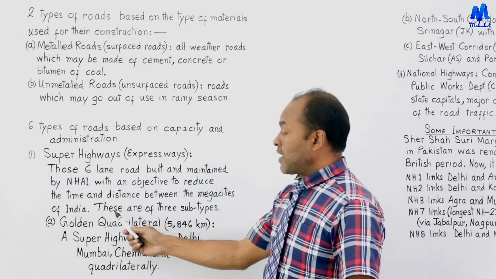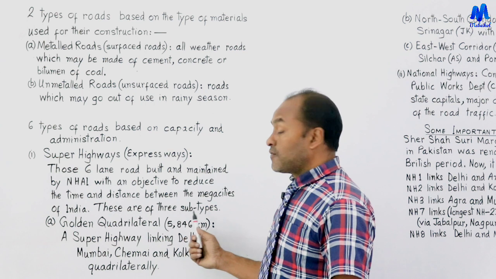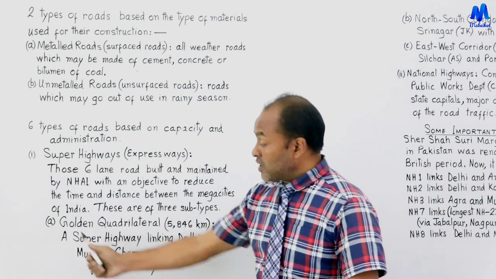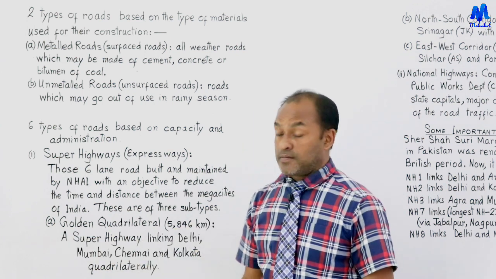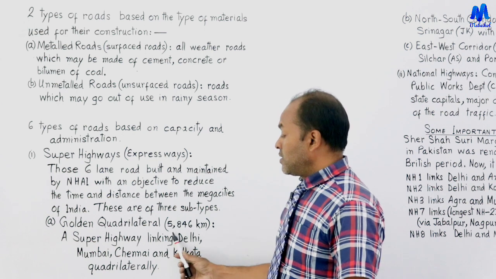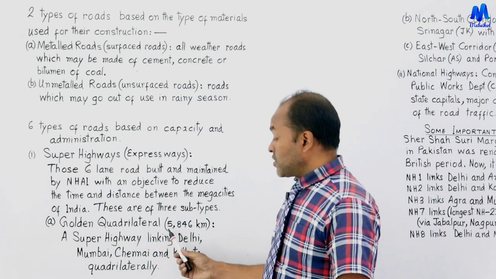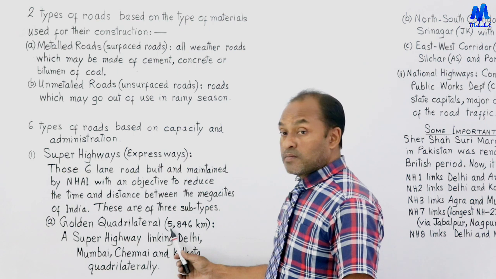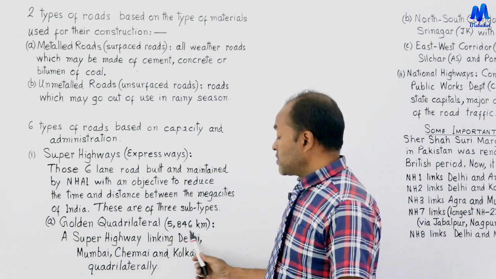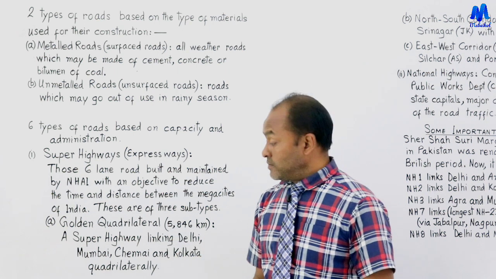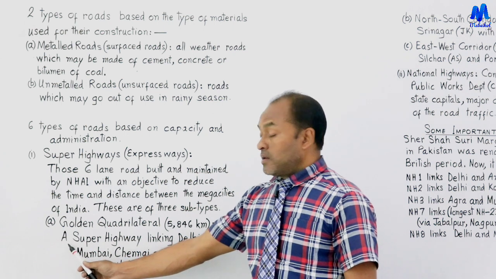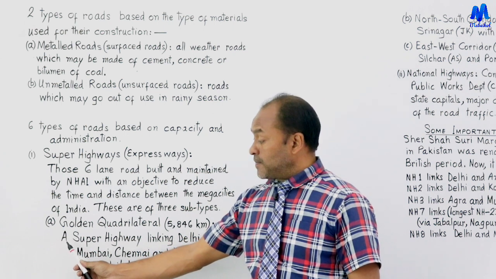Okay, again, these type of roads have 3 subtypes. The first one is golden quadrilateral, and this golden quadrilateral is of around 5,846 kilometers long. Okay, then I'll have an explanation here.